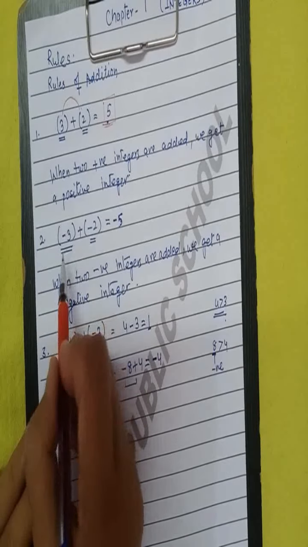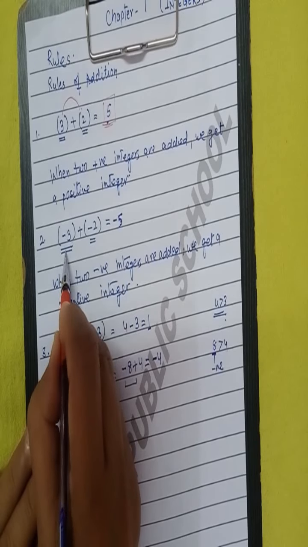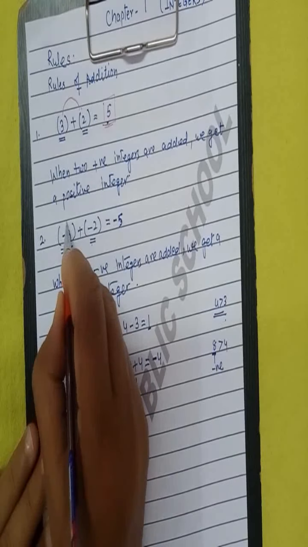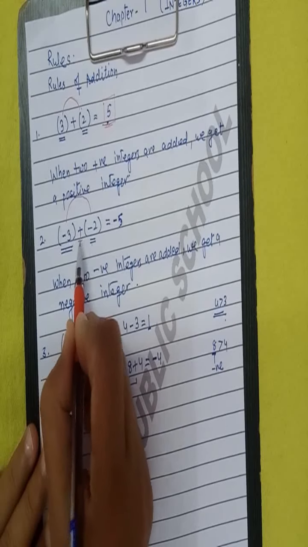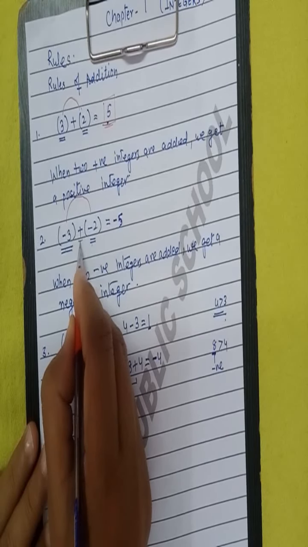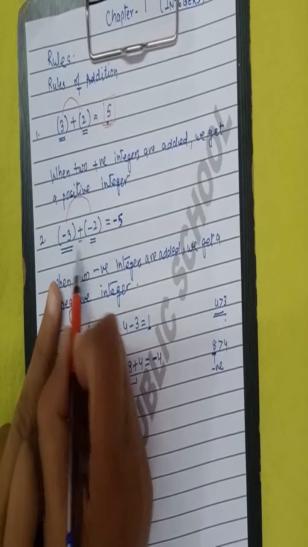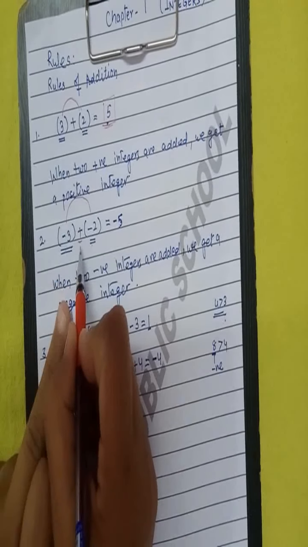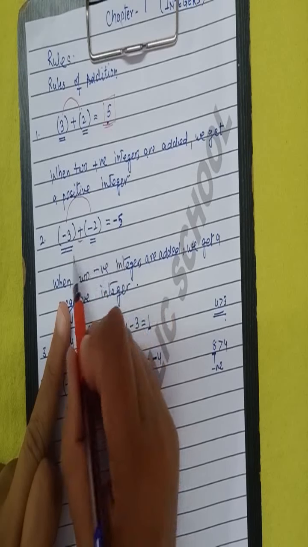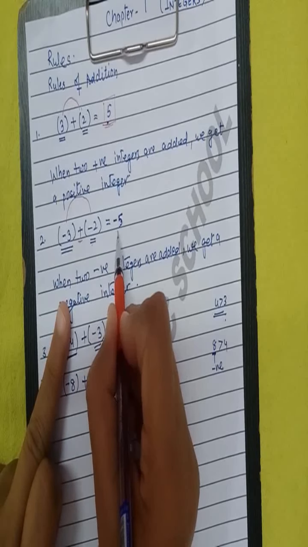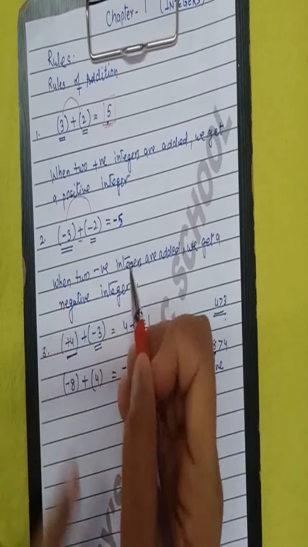How? There are two integers, -3 and -2. Because a positive sign is given between them, that means the operation is addition, so we automatically get the sum of these two negative numbers, which is -5.